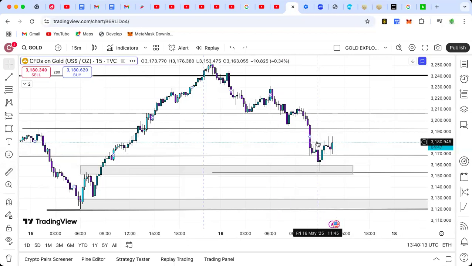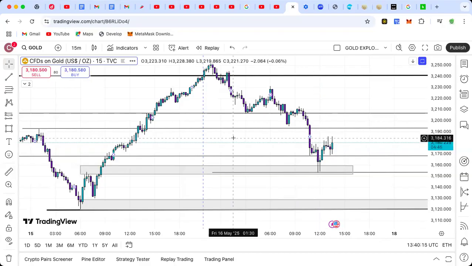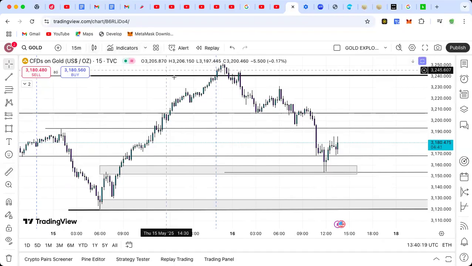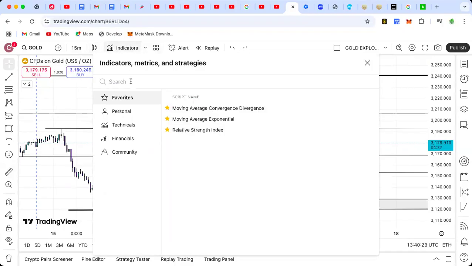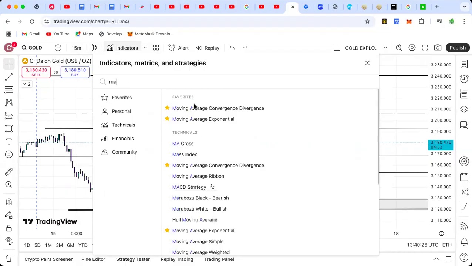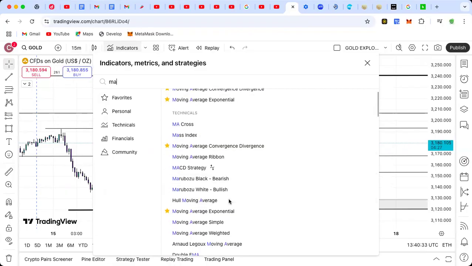So let's quickly go into action. Two major indicators you want to add. Number one, go to indicator and search for MA. That's moving average. It can be EMA, it can be just the moving average.